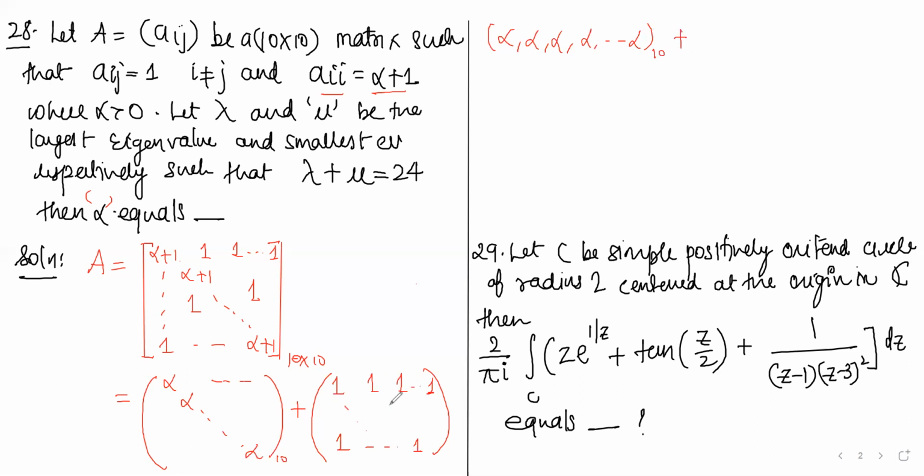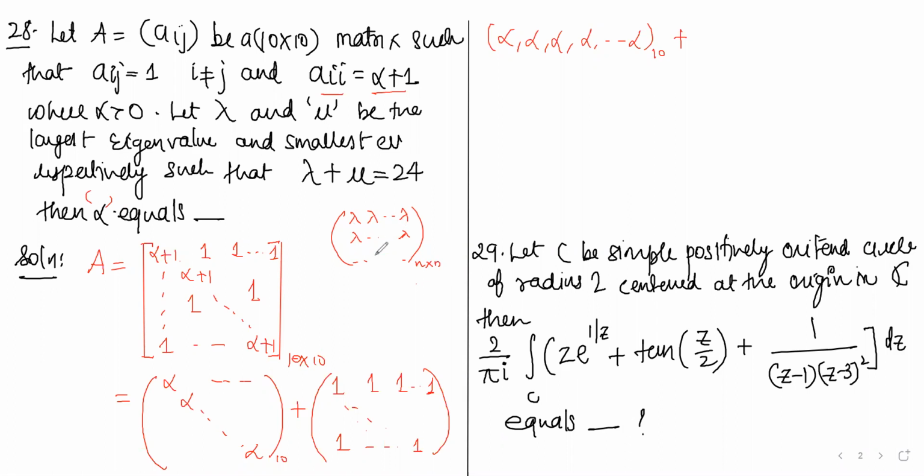This is a very familiar matrix, and I'll narrate it here. So 1, 1, 1, and so on. Let me write down the most general one. Suppose you have a constant, say some lambda, in a matrix filled with only one entries, all n by n.